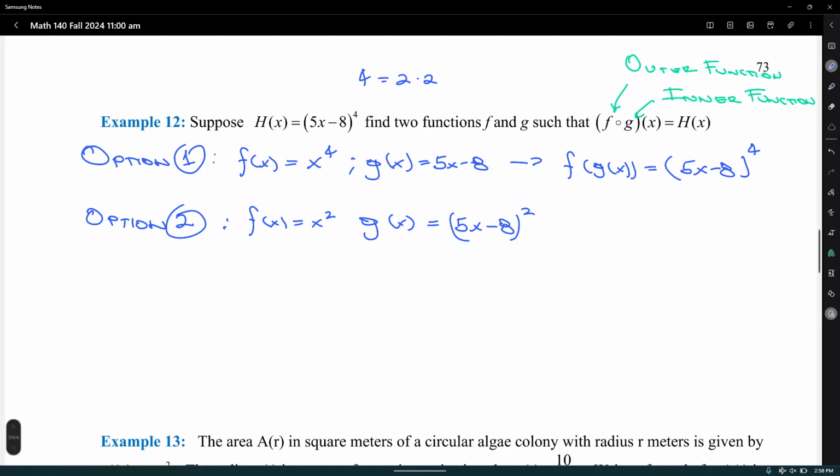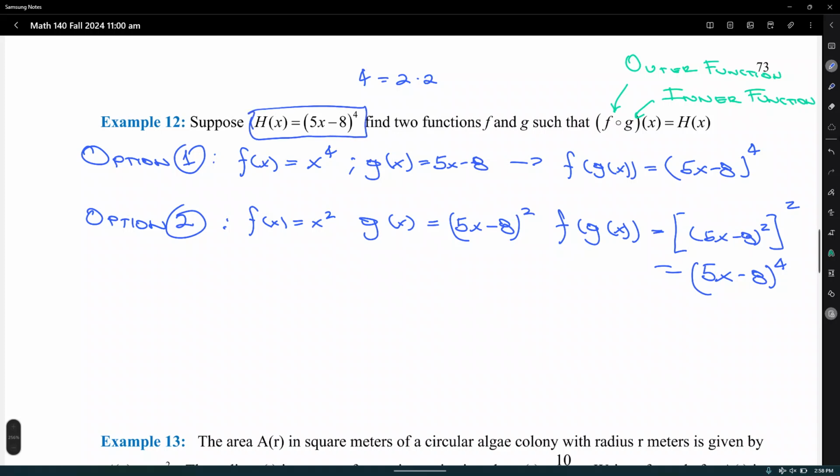If we compose this, what are we going to get? f composed with g equals something squared, that'll be 5x minus 8 quantity squared. Well, what do we do here? Power of another power, multiply the powers. What is that going to give us? 2 times 2, that means 4. Does that look like the original function? Of course, it looks like the original function. All right. Is there another one?